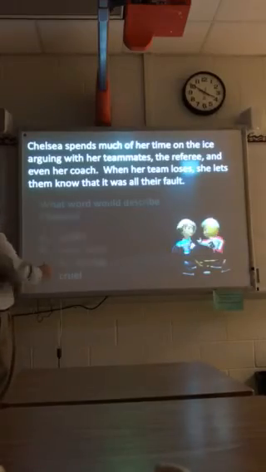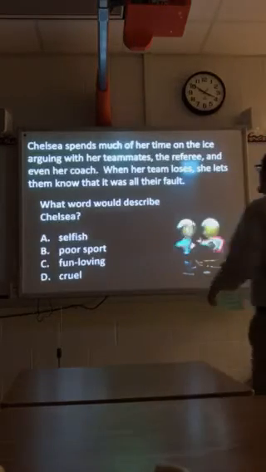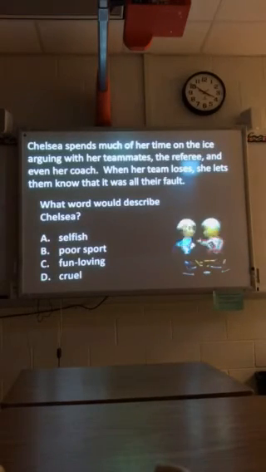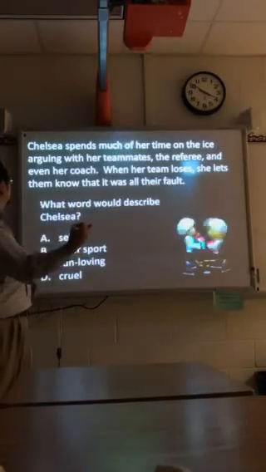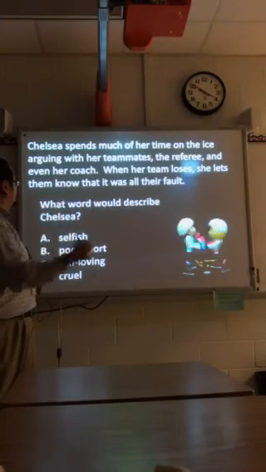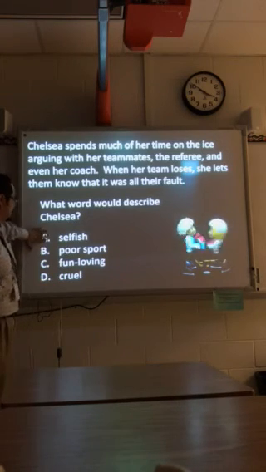Chelsea spends much of her time on the ice, arguing with her teammates, the referee, and even her coach. When her team loses, she lets them know that it was all their fault. How would you describe Chelsea? She spends her time on the ice arguing, and when she loses, she tells them it's their fault. She's definitely selfish.